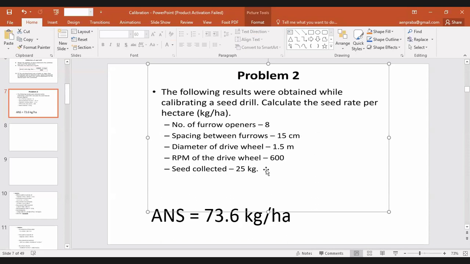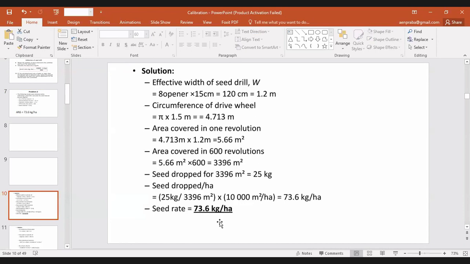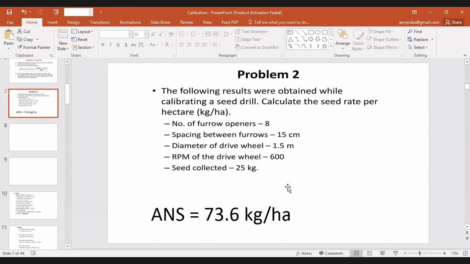Same as the previous question, but this answer was not the other one. This is the question. Answer was 73.6 kilogram per hectare. This is the answer. If you want, you see, this is the way. 73.6, correct. But I will not give you that slide.